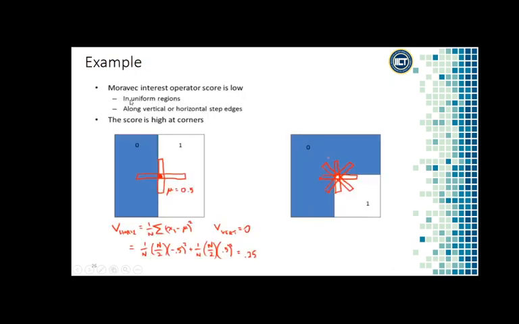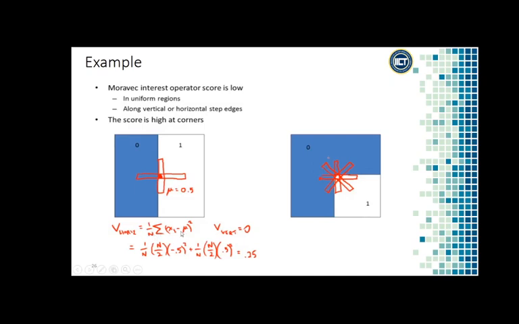Now the example is the Moravec interest operator. In uniform regions, if you consider moving in the horizontal direction and moving in the vertical direction, we have only 0 and 1, so our mean would be 0.5, right? If we move in the horizontal direction, we calculate the mean: 1 upon n, summation of (xi minus mu) square. That's the formula for the variance.